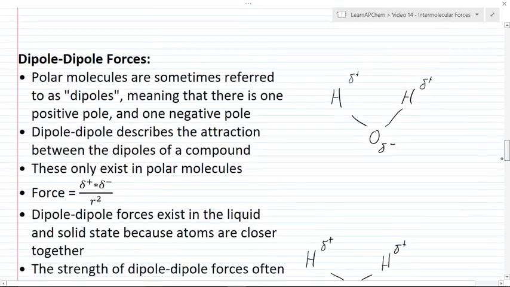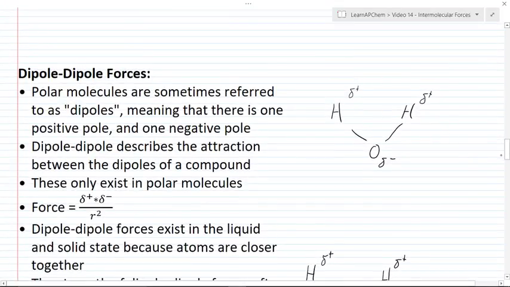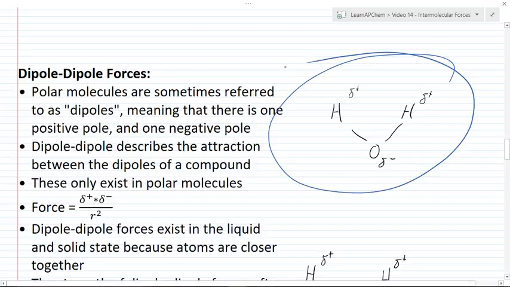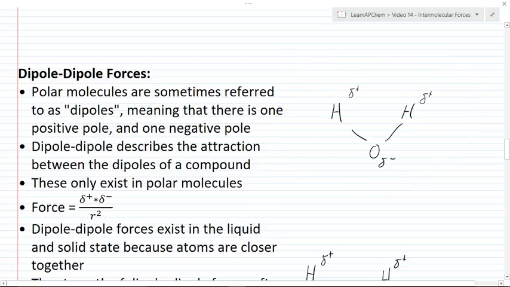So van der Waals forces equals IMFs. Dipole-dipole forces. This is where we have two dipoles in a polar molecule, and these dipoles attract each other.